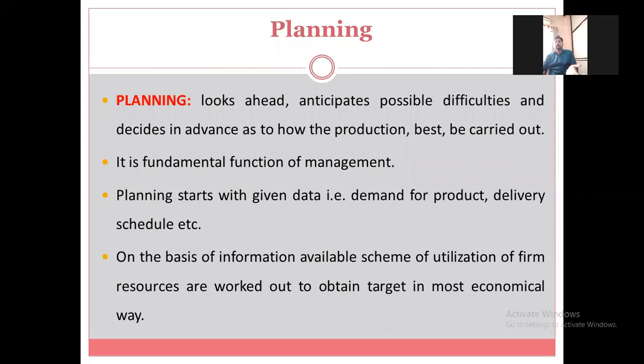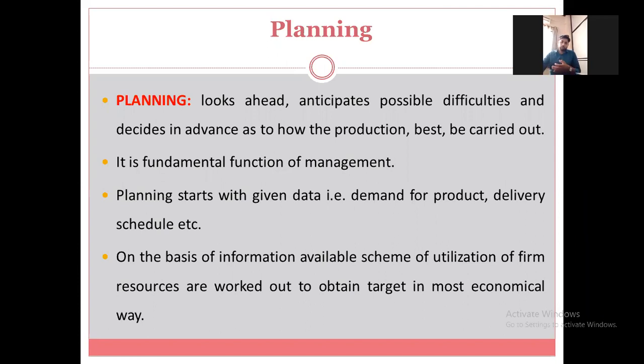Okay, and once you are able to determine the forecasted demand of a product in the market, then you will come to know the schedule of delivery, what will be the schedule of that product's delivery to the customer. So everything revolves around forecasting demand and the dates to dispatch the product to the customer.